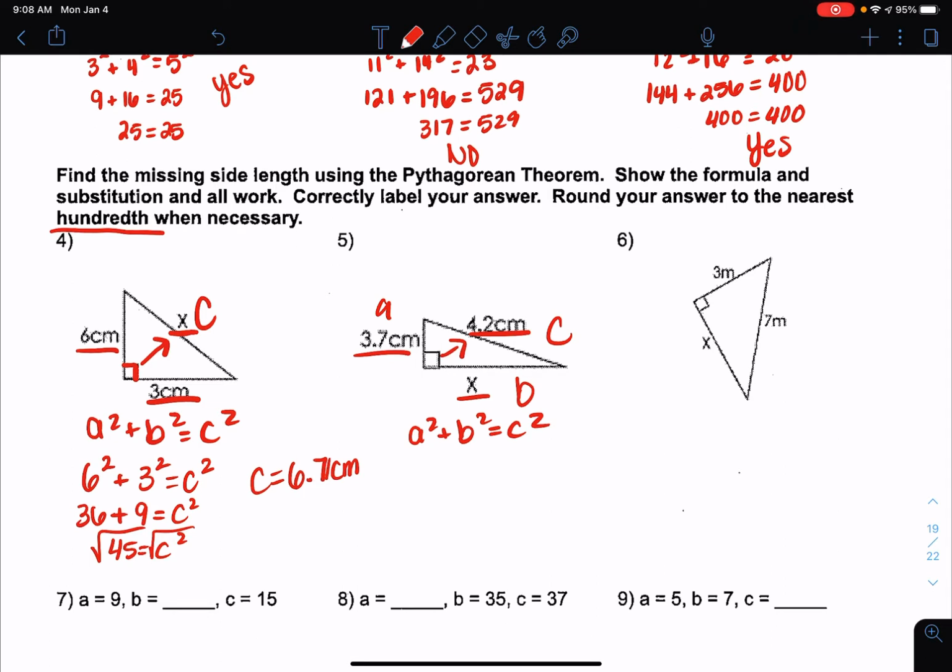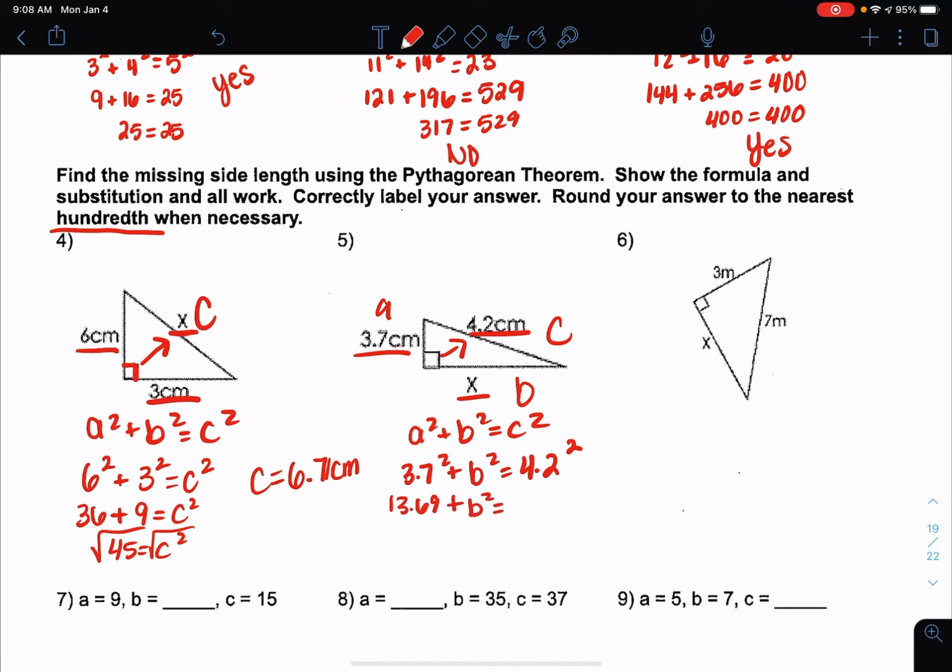I'm going to plug in 3.7 squared for a. We do not have a measurement for b, is equal to 4.2 squared, which is my hypotenuse. Now what I have to do is start simplifying. 3.7 squared is going to equal 13.69, plus b squared.